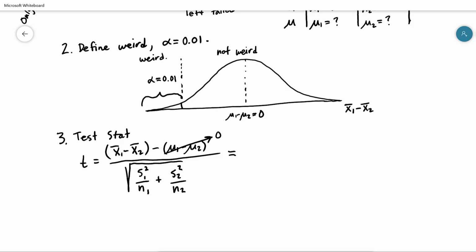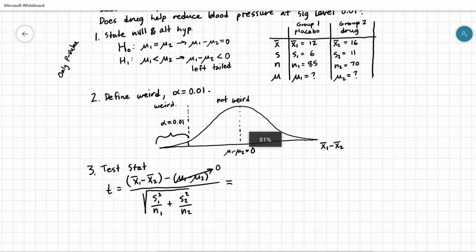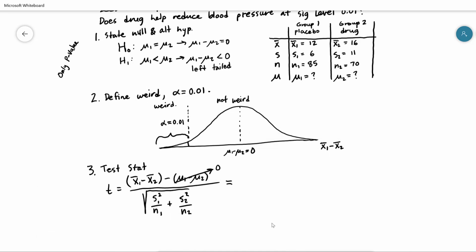If we plug in our actual numbers, it's kind of nice. Let me zoom out just enough to see our table. We can plug in all of these numbers directly from the table. They're all written down. We've already decided what each one is. So if we were careful when we made our table, this can just be mindlessly plugged into the formula. My x1 and my x2, I'm going to get 12 minus 16 on top, again, minus 0.